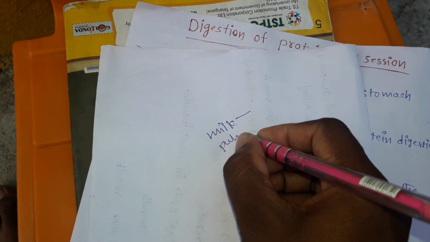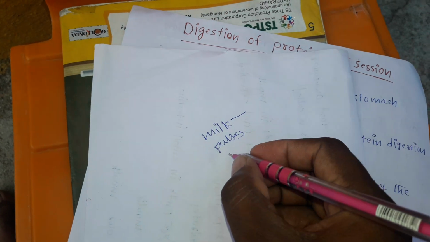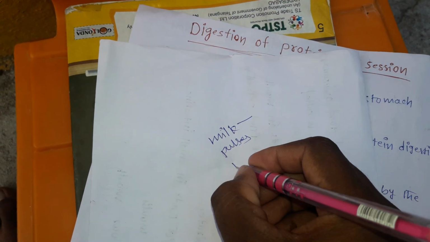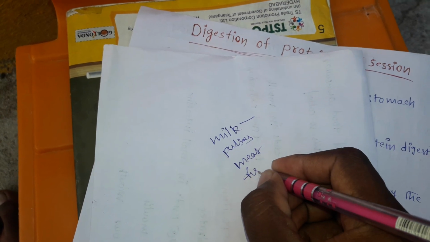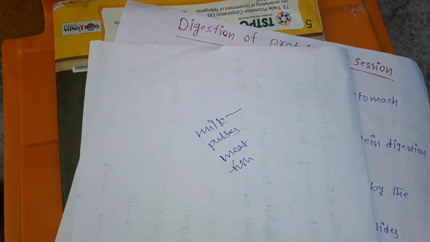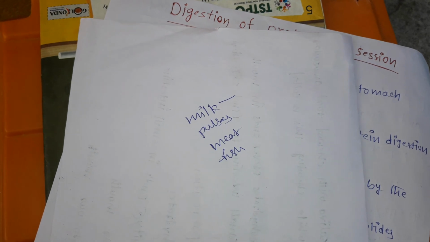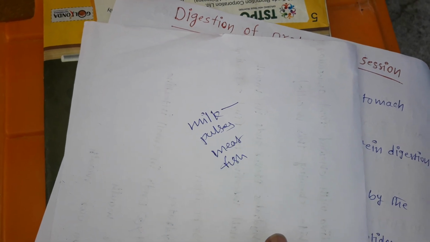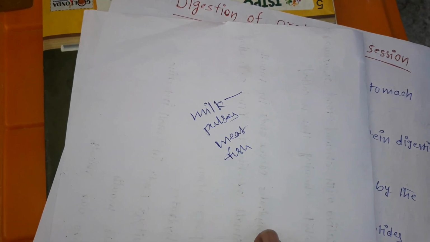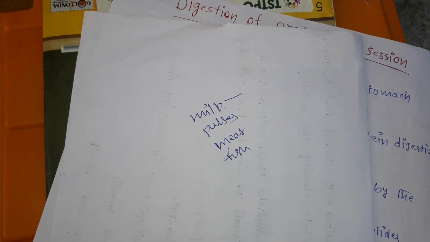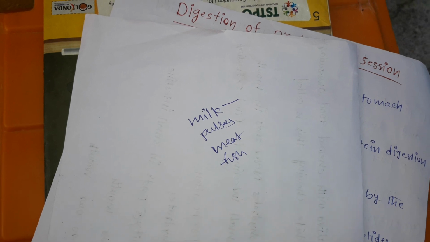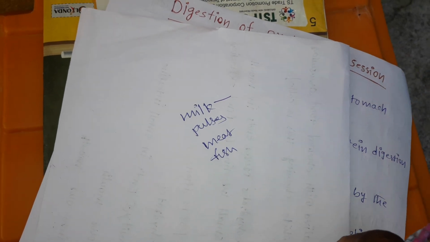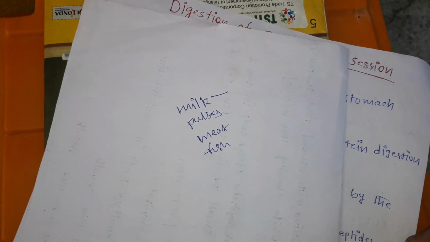Pulses are proteins, and meat and fish are high-rich proteins. Depending on the food nature, the digestion types are different, as I told you in the last videos. Protein is a complex food material, so it takes a complex process to digest.